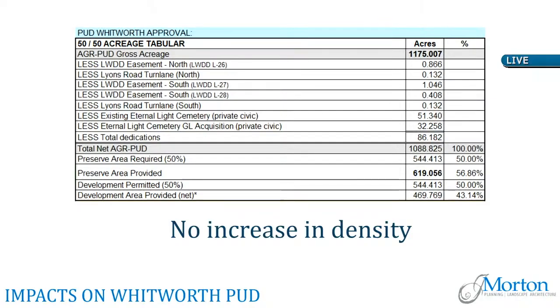They would be providing around 619 acres, which is about 56%. The development area, the maximum development area allowed, again, is 544 acres. The development area that's being proposed as the net is less than that. It's around 44% or 469 acres.